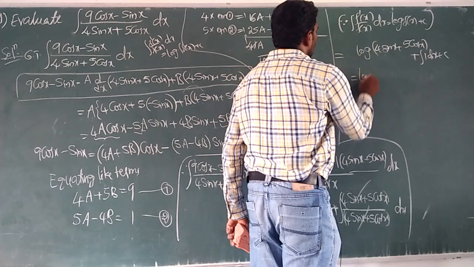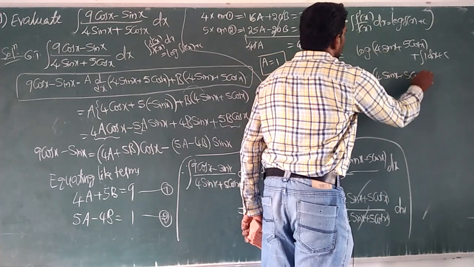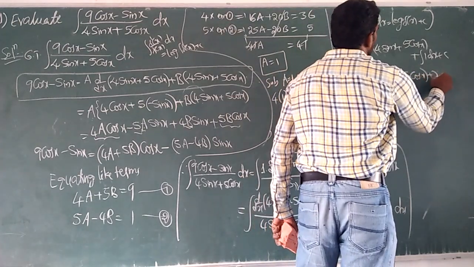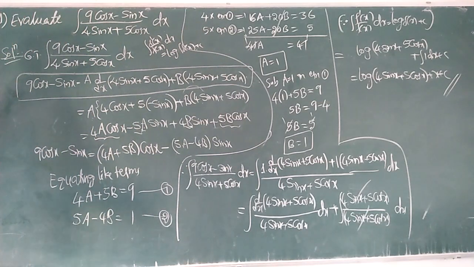So which is called log of 4 sin x plus 5 cos x plus x plus c is the answer of the given question. So don't bother about the next; also the same type of question. I will explain that also.